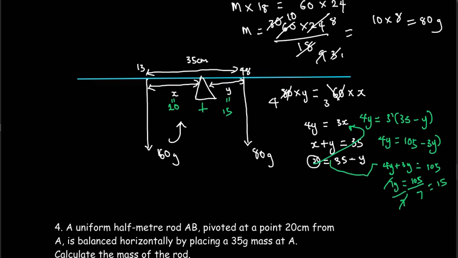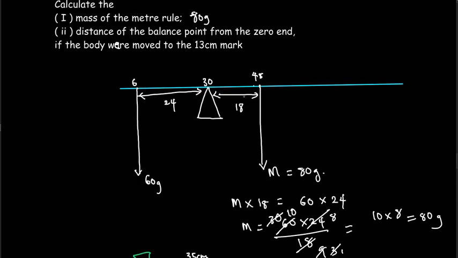The body was moved to the 13 cm mark, and the new distance of the balance point from the zero end is going to be what? 13 plus 20. So that's going to be 33 cm. Therefore 33 cm is the answer.